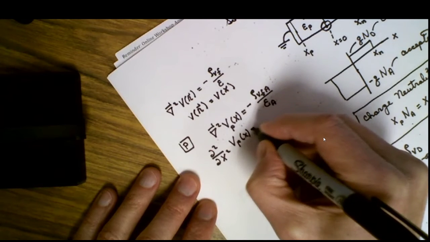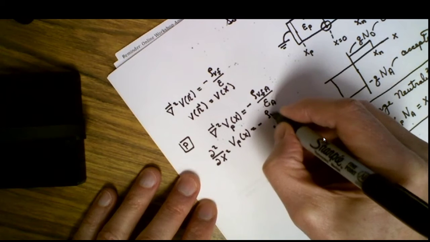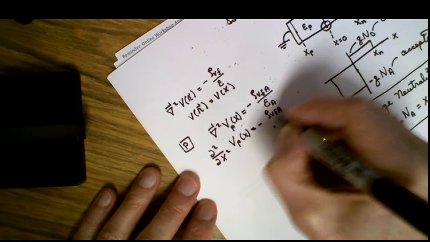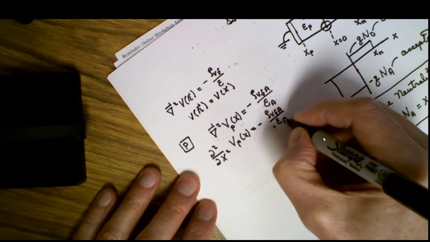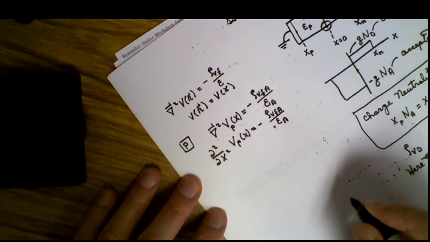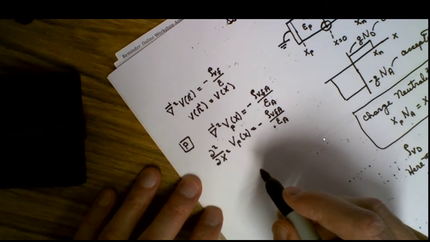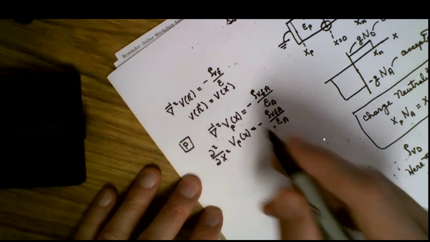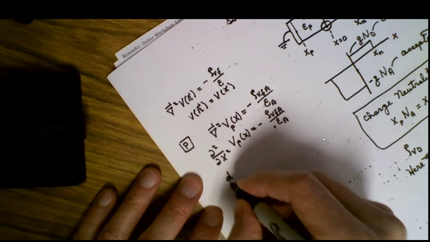But notice that our potential is only a function of one variable, and therefore the partial derivatives can be replaced by total derivatives. And we're going to write down our total derivative slightly differently.